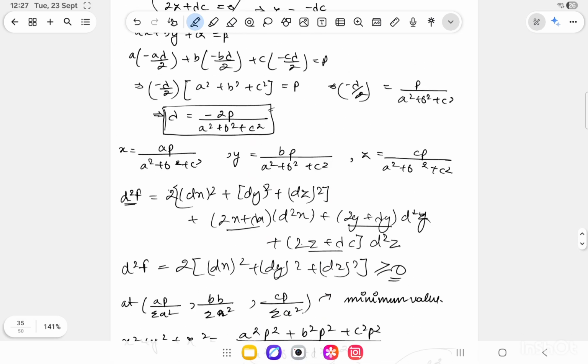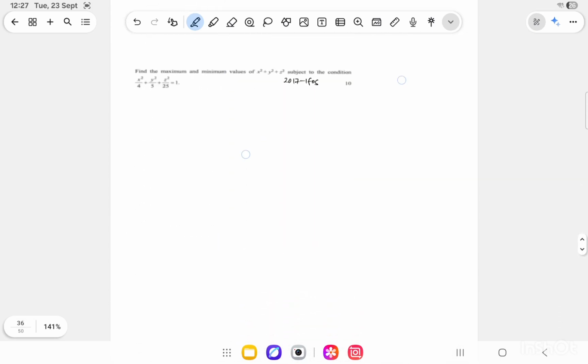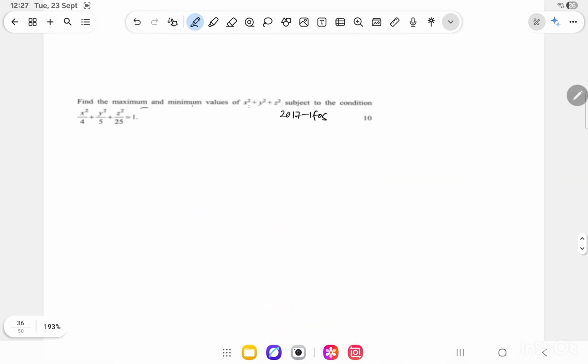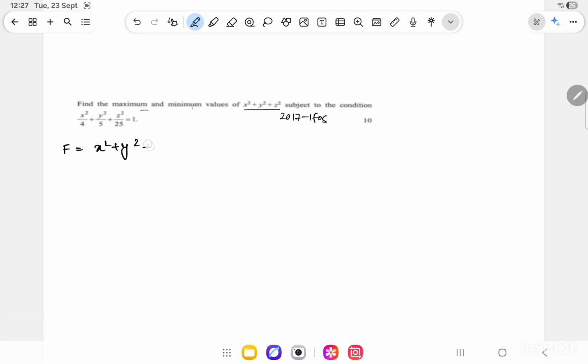So the next question says find the minimum and maximum value of this subject to this condition. So let's see what our function F is. Our function F, capital F, we can define as x square plus y square plus z square plus lambda times (x square by 4 plus y square by 4 plus z square by 25 minus 1).